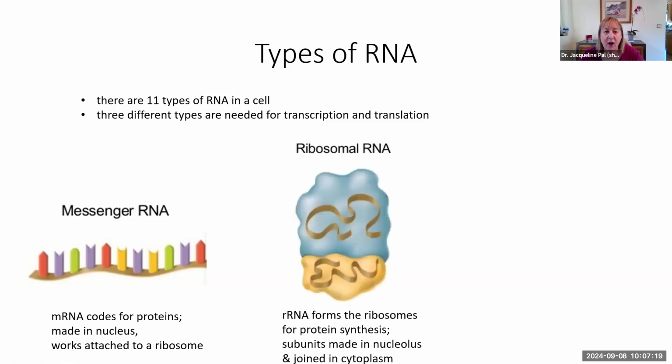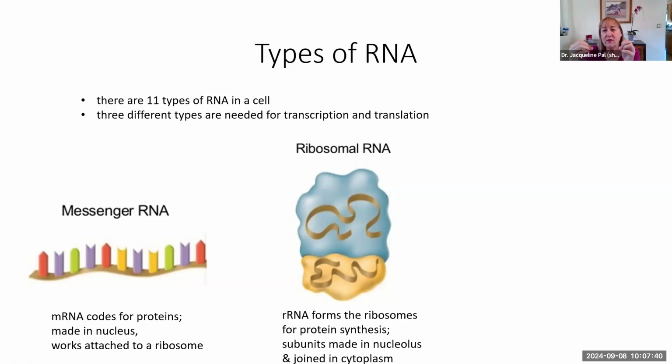The second type of RNA is known as ribosomal RNA, and this is the RNA that actually forms the ribosomes. And so the ribosomes are made in the nucleolus, and we have these 2 subunits. And if they were to join together in the nucleus, they would be too big to exit the nucleus. So the two subunits actually exit through the nuclear pore.